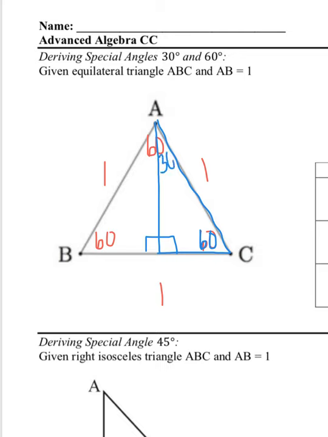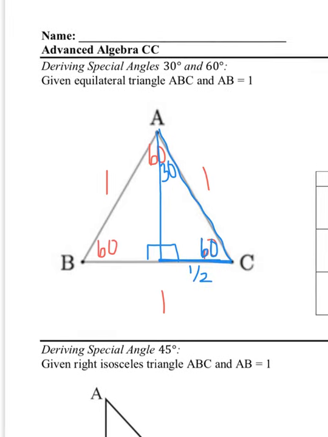I'm going to redraw this in a second too, so that way you can see everything. The other thing that's important is this piece right here. The altitude cut that piece in half. So we went from the whole length of BC being 1 to now this being a half. This is still 1. I haven't touched this.